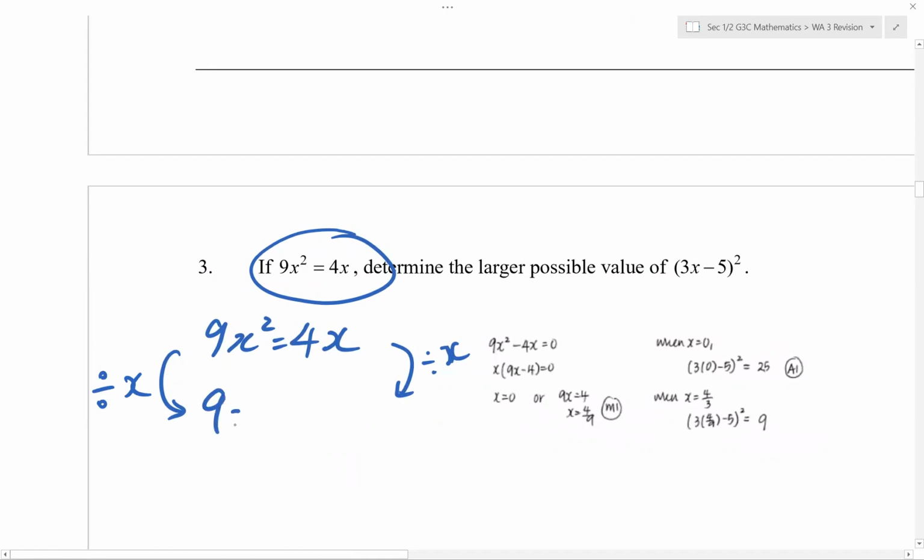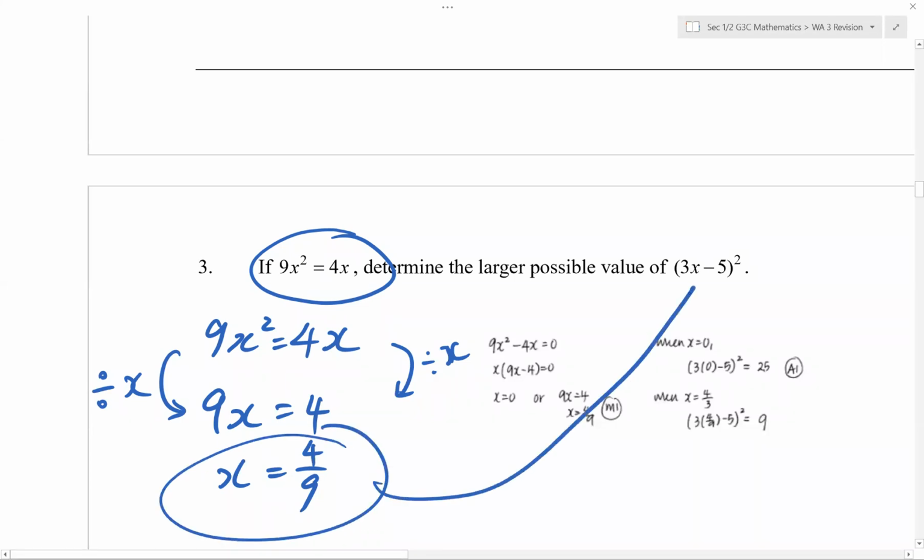Divide by x and say that 9x equals 4, so x equals 4 over 9. Very tempting to do that, right? Then you only have one x value. If you only have one x value, you put it into this expression, you only get one answer. 3 times 4 over 9 minus 5, all squared. You only get one answer.